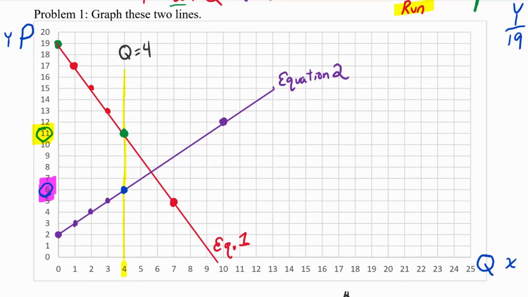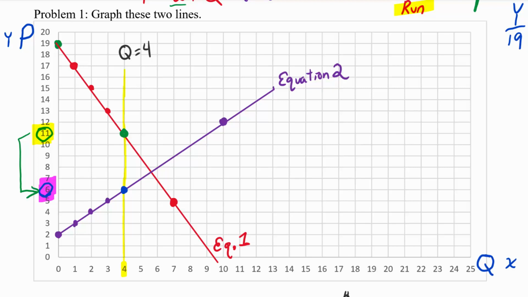So what if we're producing 4 units? And we see that people are willing to pay 11, and it's costing us $6. Many times on a graph like this, we'll want to look at the distance between those 2 points. People are willing to pay 11. It costs us 6. What's the difference between these 2 points?